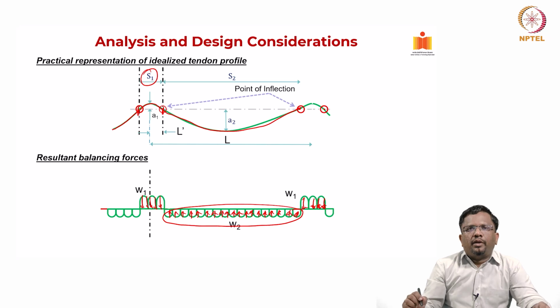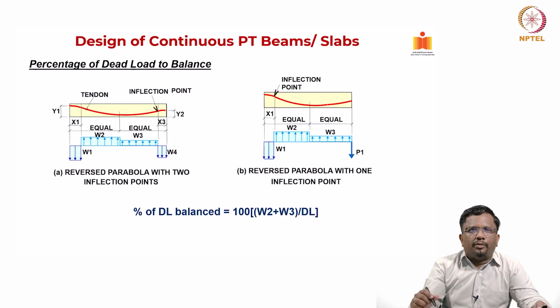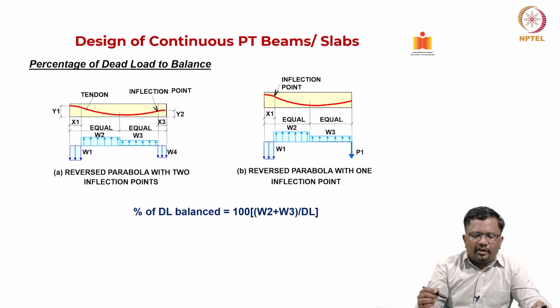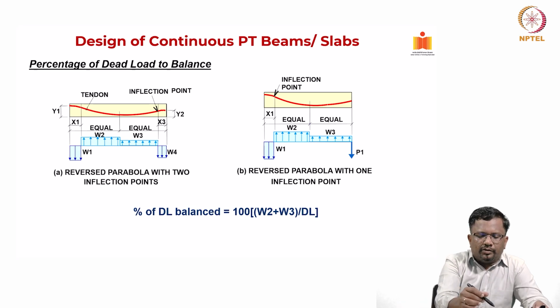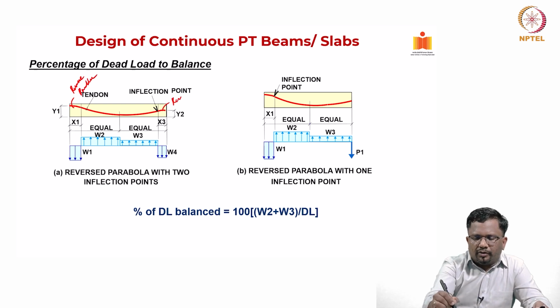Okay, so this is again the percentage of the dead load to balance. Again, we have talked about this. So, typically when we say, here is a reverse parabola, right. This is also a reverse parabola, a portion of it, if you take one span. Okay, these are the two inflection points, right.